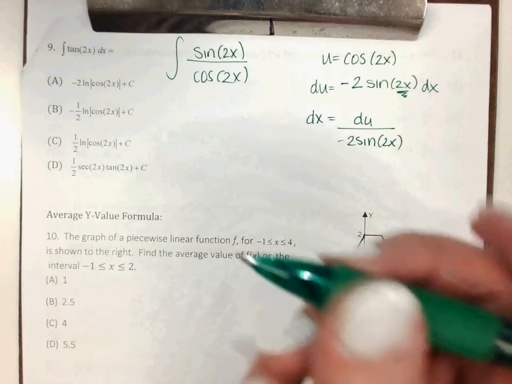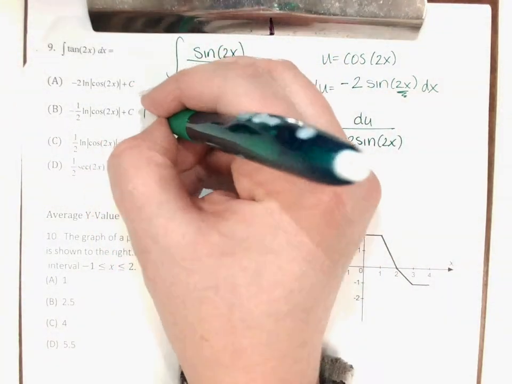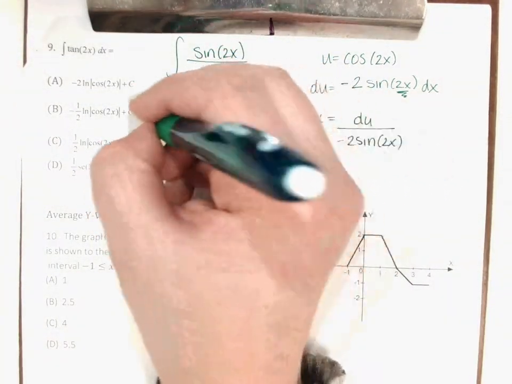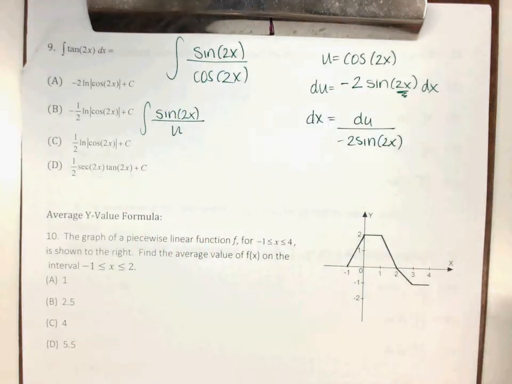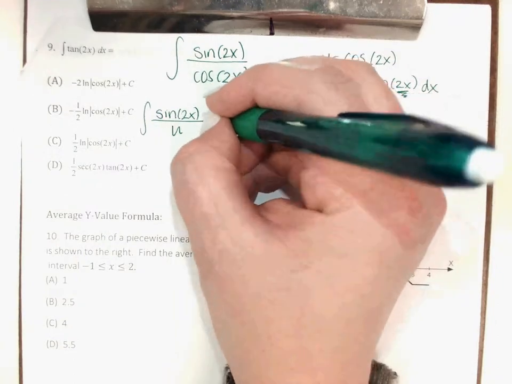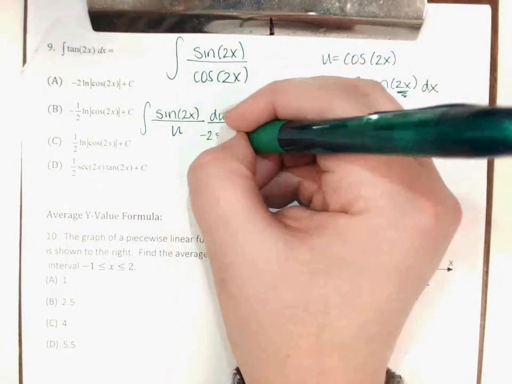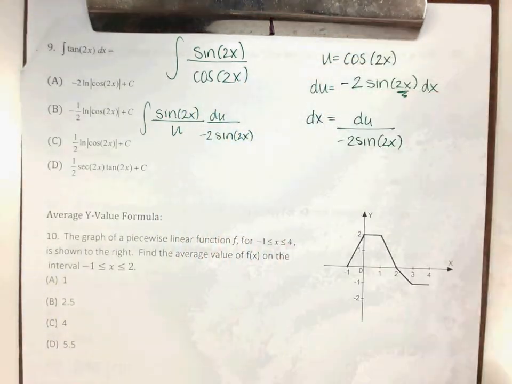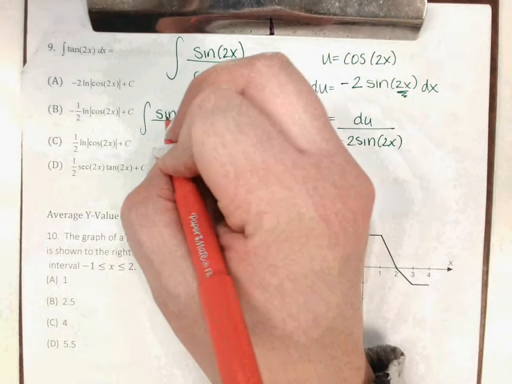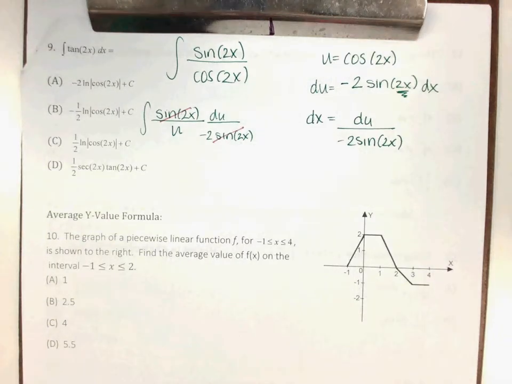Then from there, let's rewrite our integral. I have a sine 2x on top. I have a u on the bottom, because remember cosine 2x was a u. And then my du is a negative 2 sine 2x. Sine 2x is crossed out. Boom, boom. What do I pull to the front?